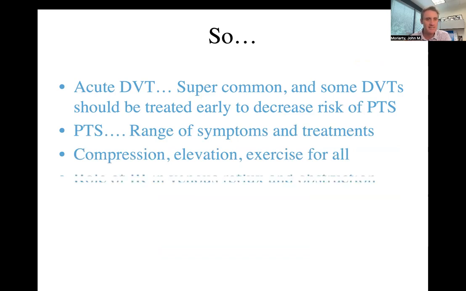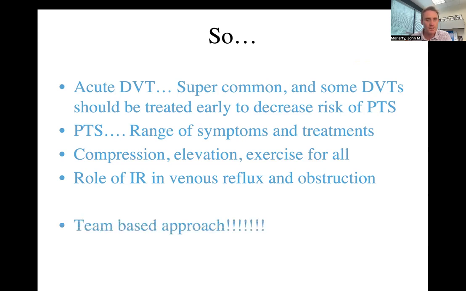These are the mainstays. And then frequently, if there is venous reflux, varicose veins, high venous pressure, or obstruction, then an interventional radiologist, someone like myself, and there are many now around the country, fortunately, then we have a role in relieving those and giving symptomatic improvement and hopefully improving not just the symptoms now, but in the long term as well.